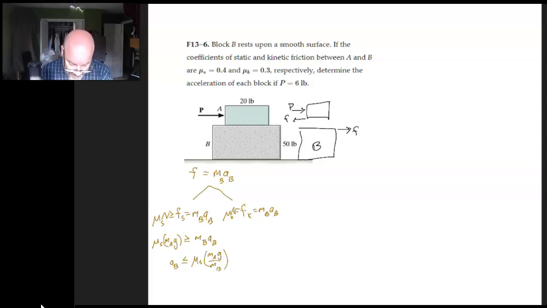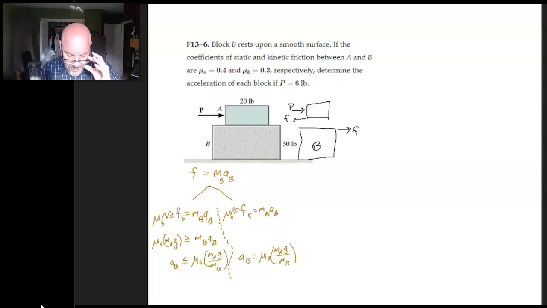Now we're going to get something similar. I'm going to put a visual distinction in here for the other one, but it's going to be equals mu_k M_A g over M_B.